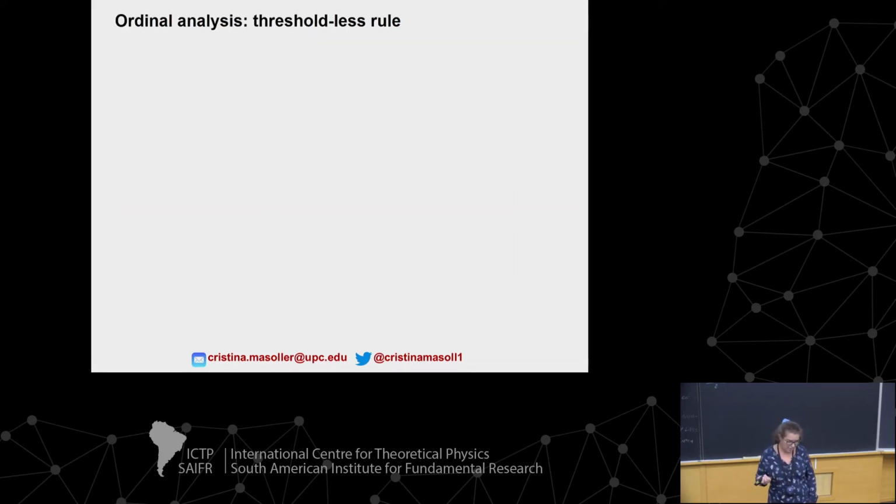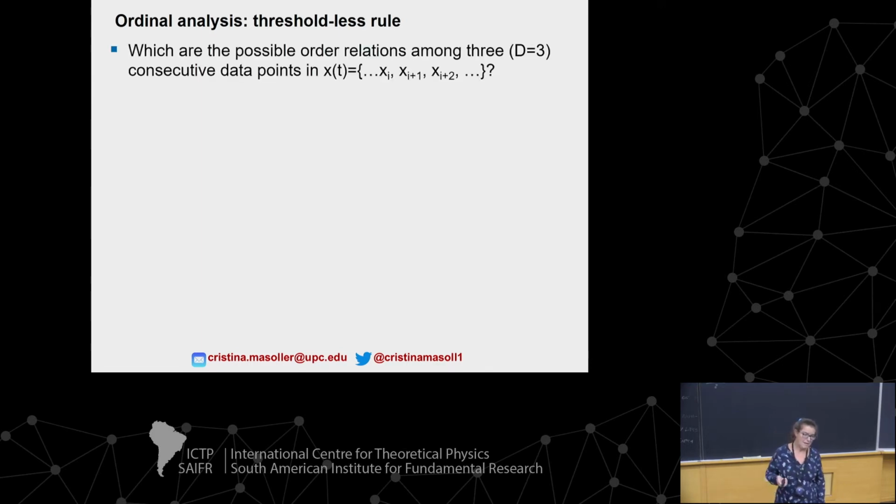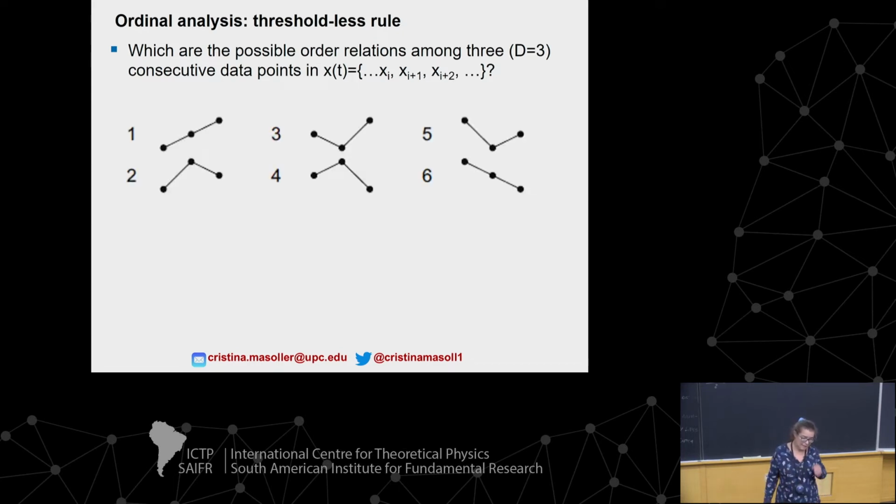The threshold-less rule, which is known as ordinal analysis, just considers the order in which the data points are in the time series. So let's consider 3 consecutive data points. And then you can see that there are 6 possibilities in terms of how they appear in time. For example, if your numbers are 2, 5, and 7, of course, they can be increasing.